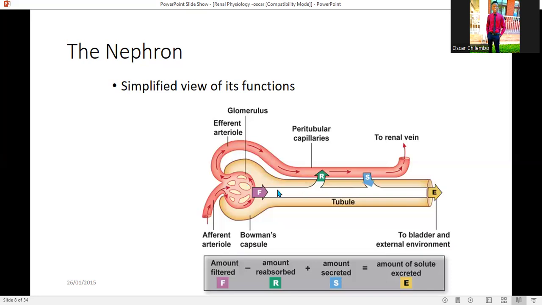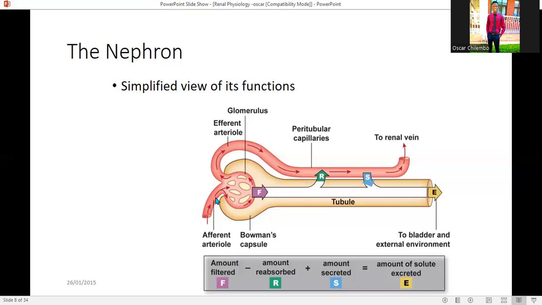We do not urinate blood; the aim is to urinate the toxic components of blood. So there will be filtration, meaning some substances need to be filtered here.